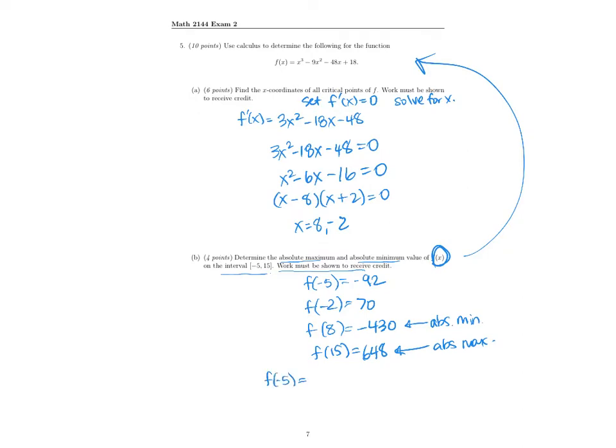I guess I didn't really show work there. -5 cubed minus 9 times -5 squared minus 48 times -5 plus 18 equals, and then you can write -92. That's a way you might show your work on that, even if you used a calculator.